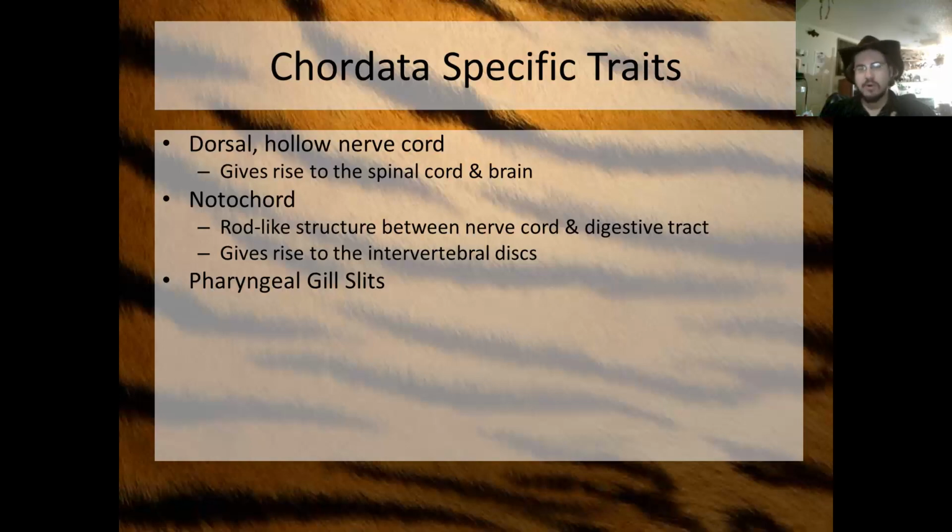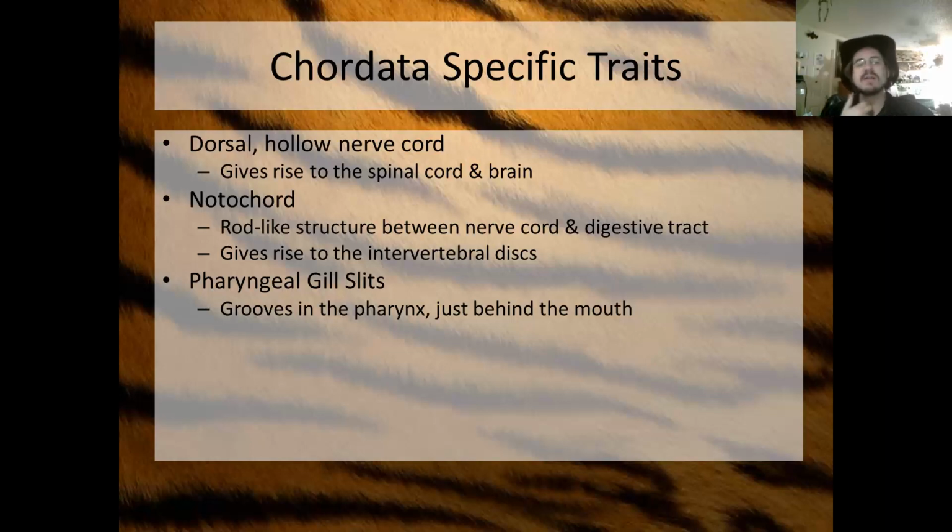We are a chordate. During embryonic development, we have gill slits, and these are grooves in the pharynx. The pharynx is sort of the tube here that connects your nose to your mouth and then connects up to the lungs and the esophagus right there.